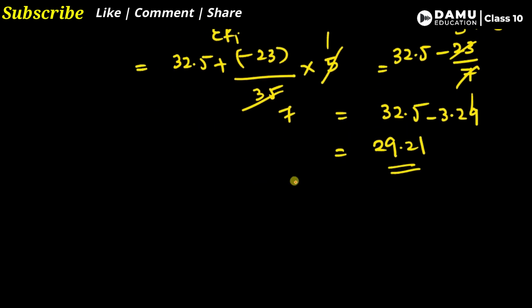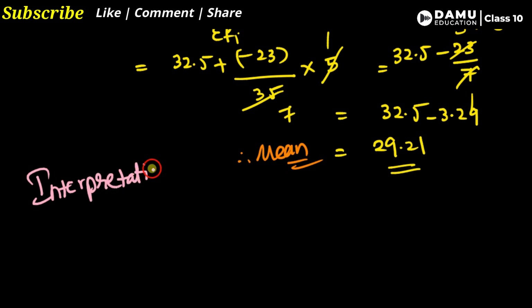So therefore, what you can say here is finally the mean we have calculated. Therefore, mean is equal to 29.21. Then finally interpretation. So what is that? Interpretation is nothing but we need to represent all these values. Interpretation: mean is 29.21.